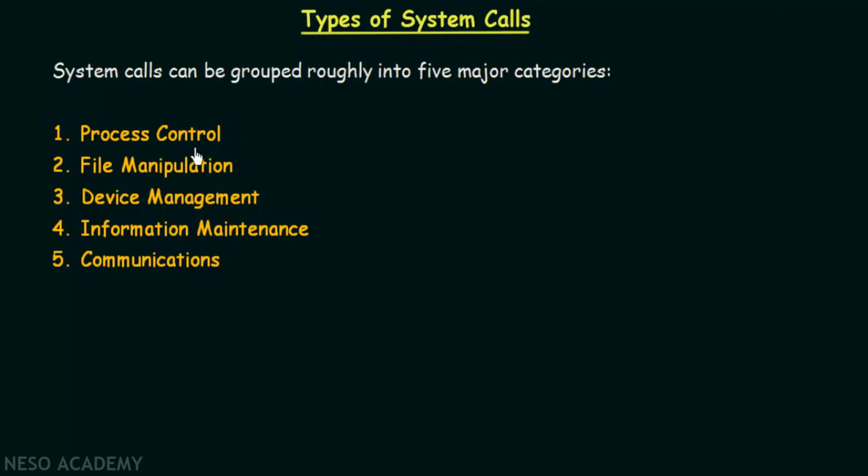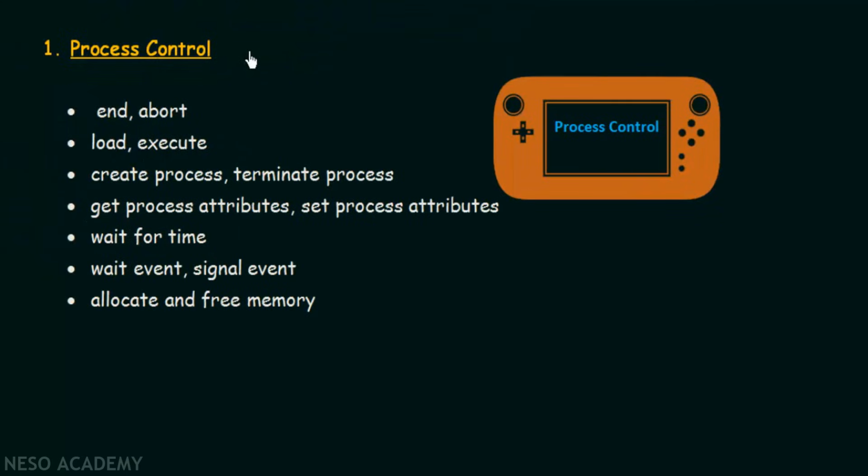Alright, so let's start with the first one, which is process control. By process control, we mean the system calls that are used for controlling processes. There are various processes running in our system, and all of them need to be controlled. For example, a process has to run and then terminate or halt either normally or abnormally.